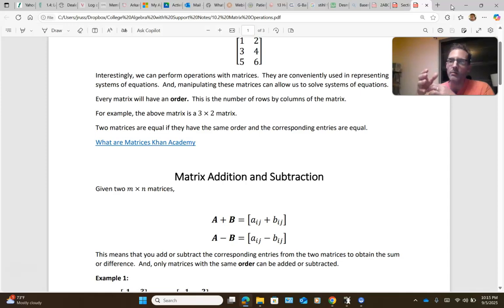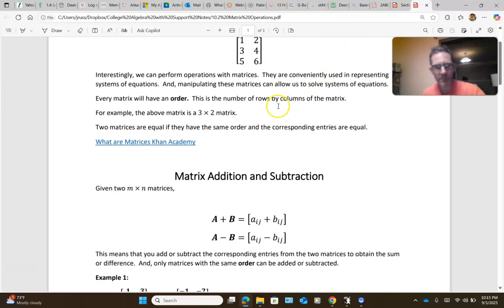But there are some properties that apply to real numbers that don't actually apply to matrices. So for example, commutativity with multiplication. The order doesn't matter in multiplication when you're multiplying 2 real numbers, but the order matters with matrices.